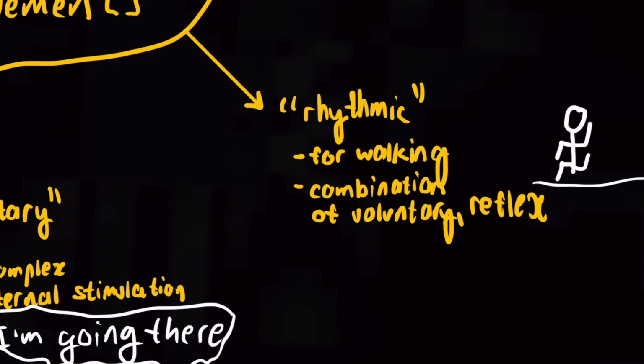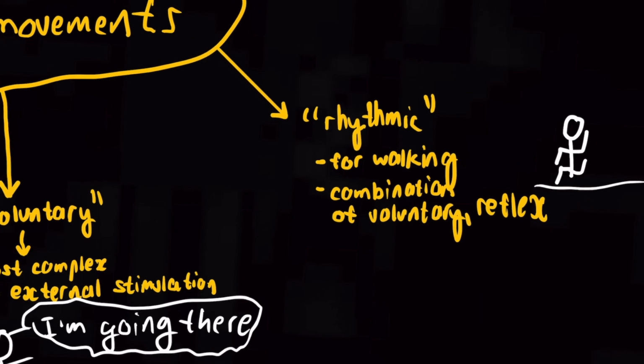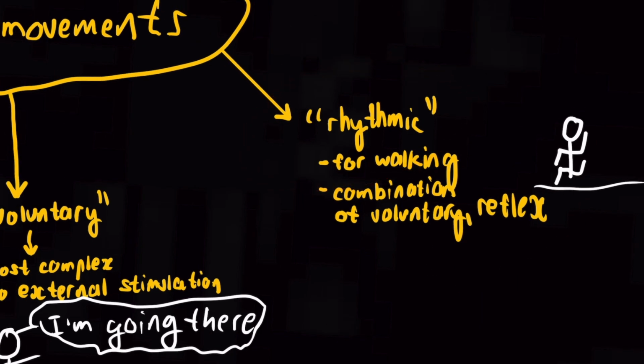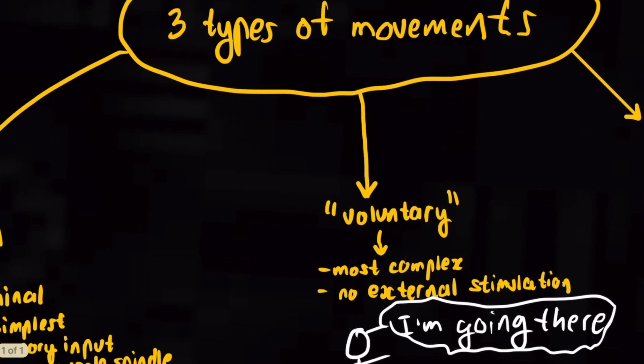It is a combination of voluntary movement and also a reflex. You can think of the fight or flight response. When you see something scary, whoa. So you could think of rhythmic movements as a combination of voluntary, so on your own will, and a reflex, because technically your legs moving is a reflex in some way.